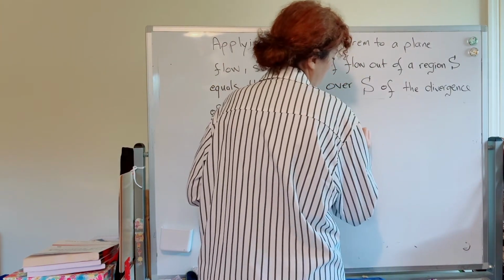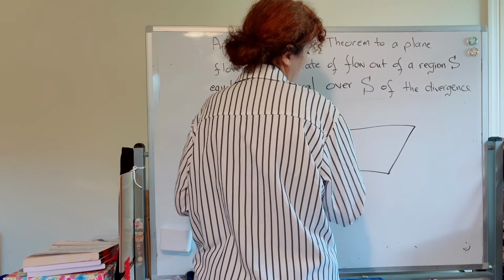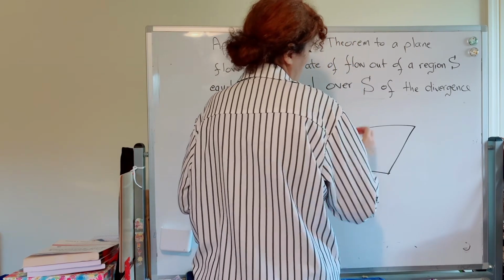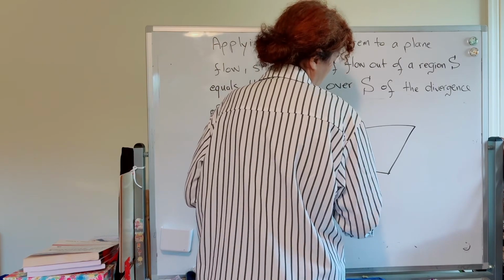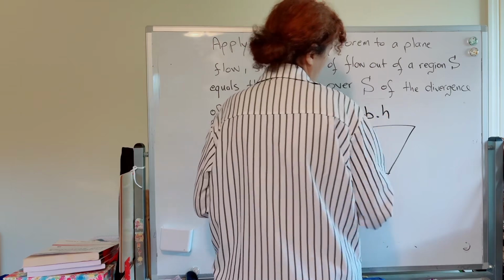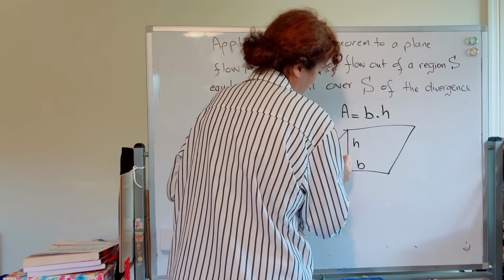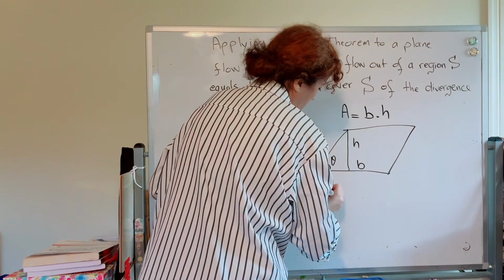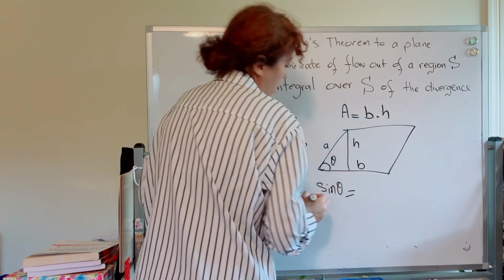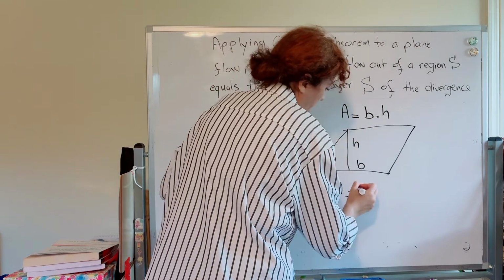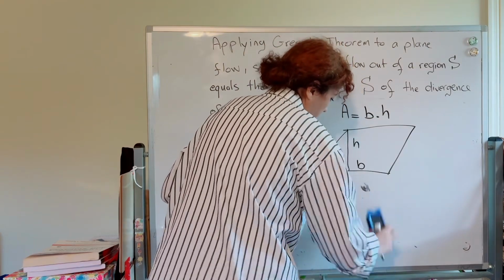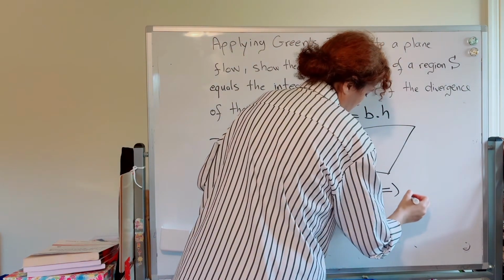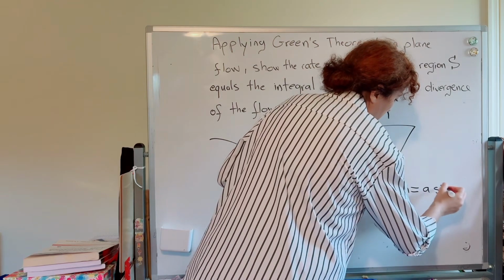So we know that for a parallelogram with side A and base B, and height H, the area is the base times the height H. If we have this angle theta at the corner of the parallelogram, then sine of theta is equal to H over A. What it means is H is equal to A sine theta.